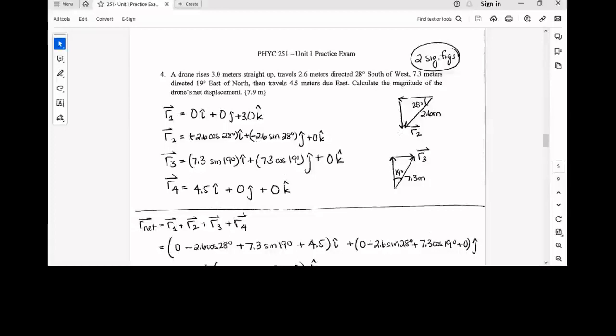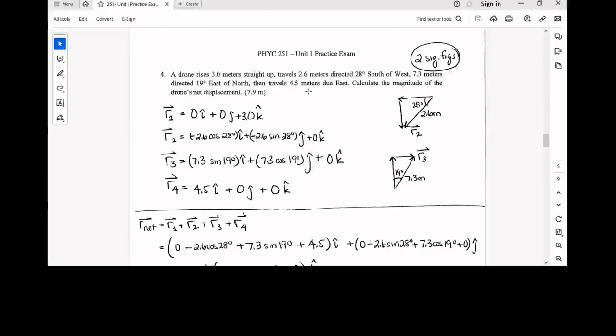And that also needs to be expressed as a negative because this y component points straight down, so toward the negative y-axis. So that's negative 2.6 sine 28 in the j hat direction. But this is just happening in a plane that's parallel to ground level. So the drone is not moving up or down at all while it's carrying out that maneuver. I'm adding a 0 k hat.